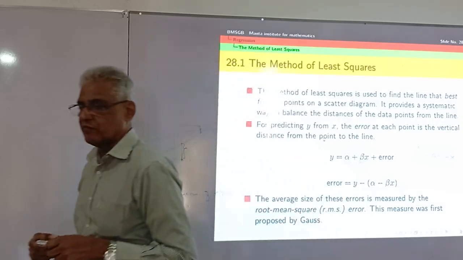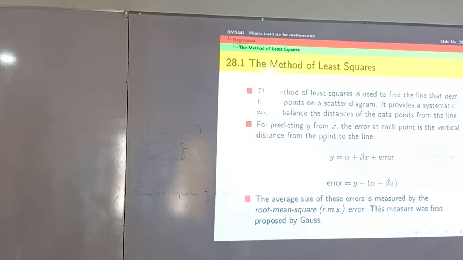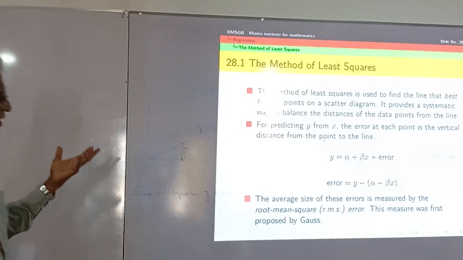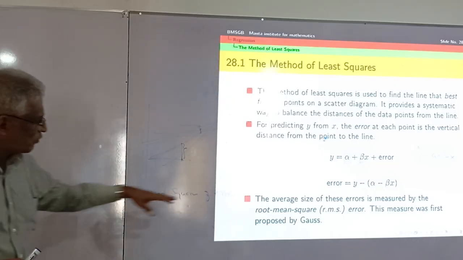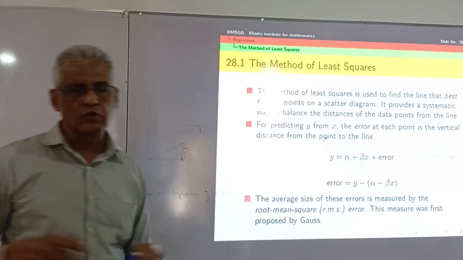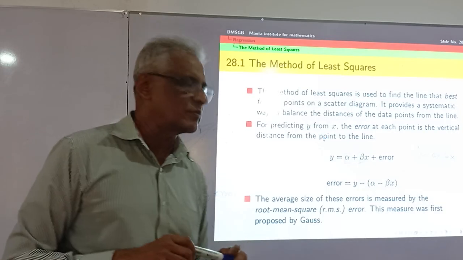Right? One line there will be that gives you the minimum sum of squares of errors. That is what you call the least squares regression line. Right? But practically we don't calculate the sum of squares of errors for each possible line. If we were to do that, we would have to do it a million times.